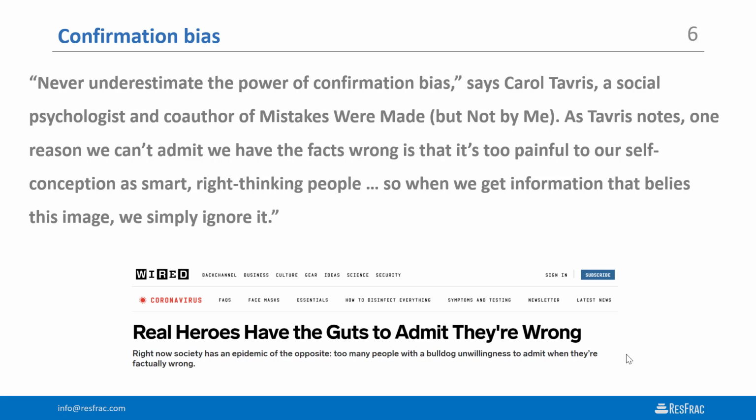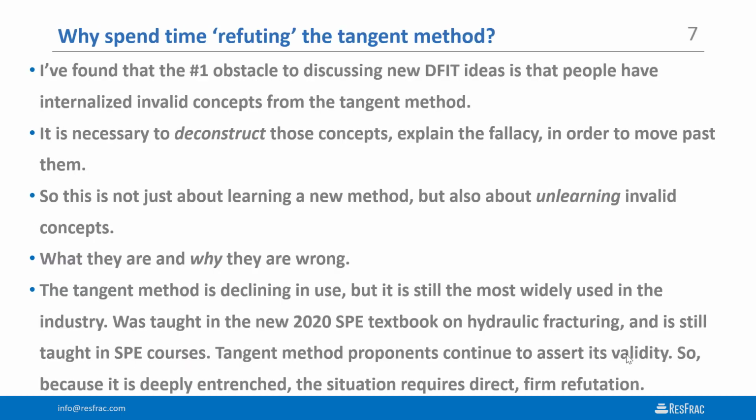But as engineers and scientists, we have to work really hard to second guess ourselves, play devil's advocate, genuinely try to actively listen to alternative points of view, and ask ourselves, is it possible that I have in fact missed something? I cannot emphasize this enough because in my work in this industry and working in DFIT, this is a huge problem, and it's very often an obstacle to progress.